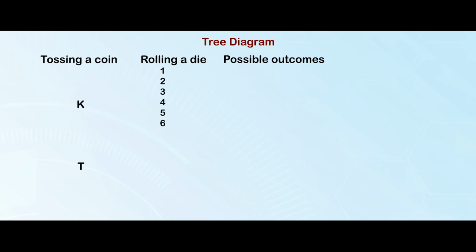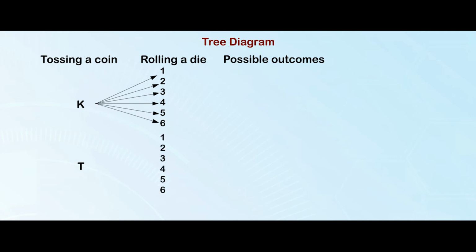So when you toss a coin and roll a die, the first possible outcome can be kholo and 1. The second one is kholo and 2. The third one is kholo from tossing a coin and 3 from rolling a die. The fourth one is kholo and 4. You might get kholo from a coin and 5 from rolling a die, and you might also get kholo from a coin and 6 from a die.